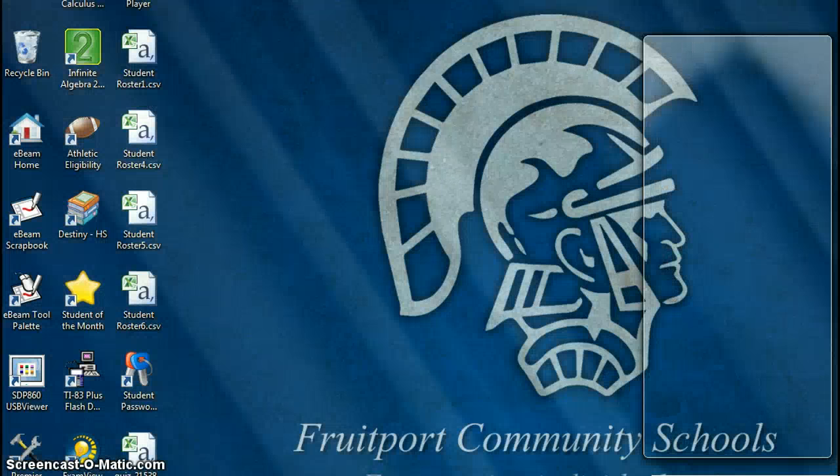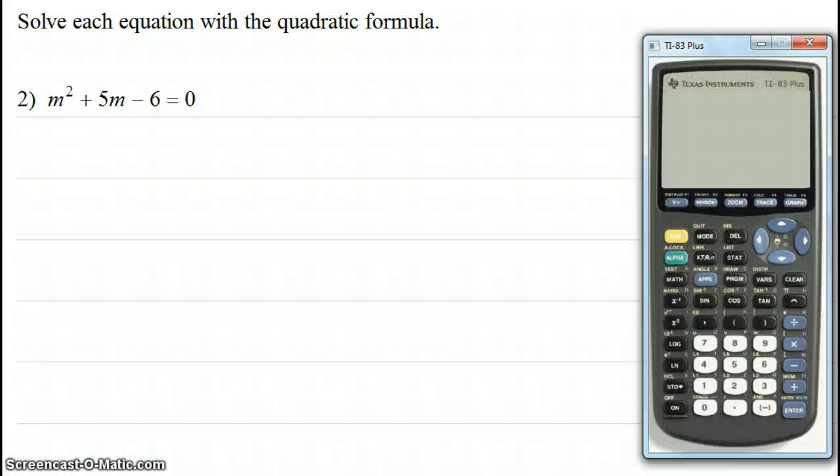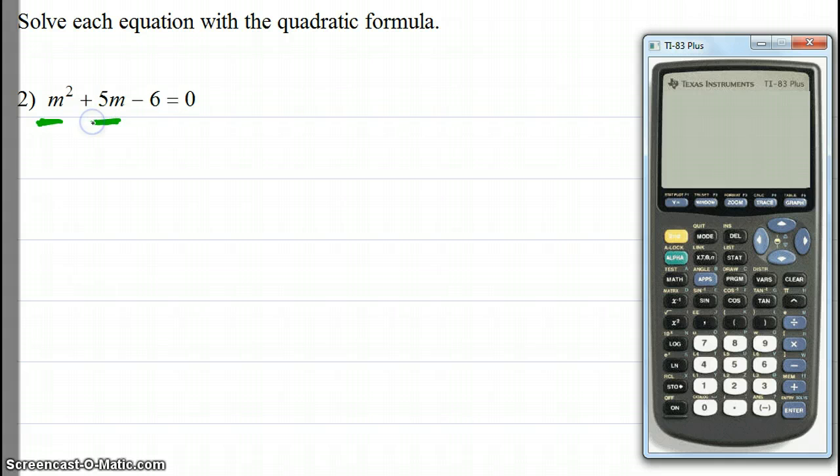Okay, this next example, we will take A, B, and C again. So A, identify as the coefficient of m squared, B is your 5, and C is a -6. So if you know the quadratic formula, you just start plugging in.